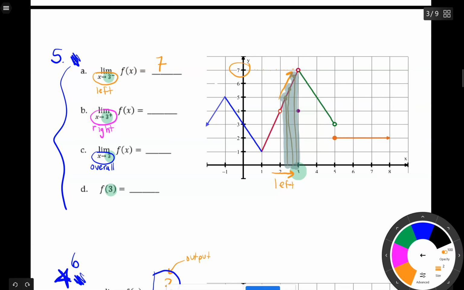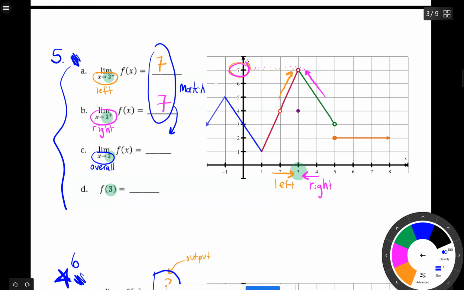And as I approach x equals 3 from the right, starting far away from 3 and getting closer, my heights are getting taller and taller, and they're eventually approaching a height of 7 again. Those matched. So since they match, there is an overall limit, and the height is 7.